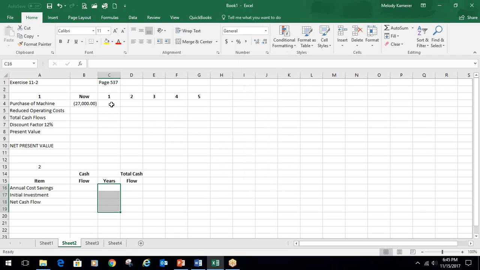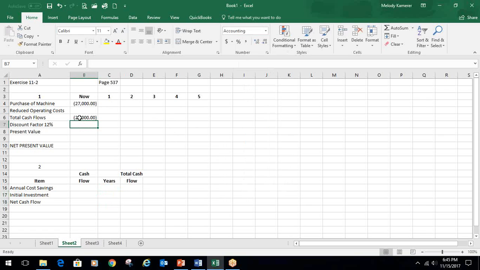Okay, now when we're looking at present, our discount factor, that is where you would go to the present value tables and look up your discount factor.